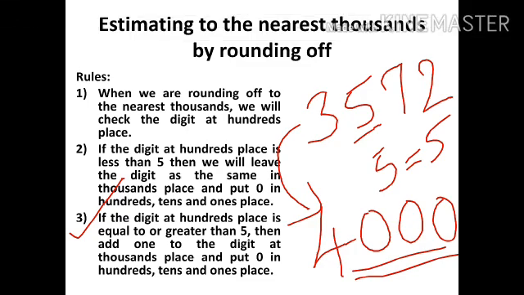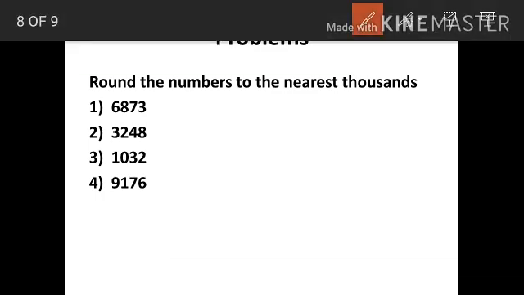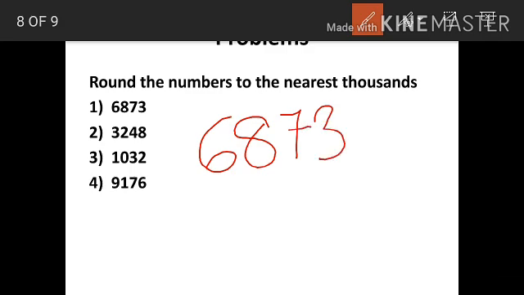Now, let's move on. Do some problems. Here is a set of numbers which we have to round off to the nearest thousands. Our first one is 6,873. Look here, the digit at hundreds place is 8, which is greater than 5, isn't it?